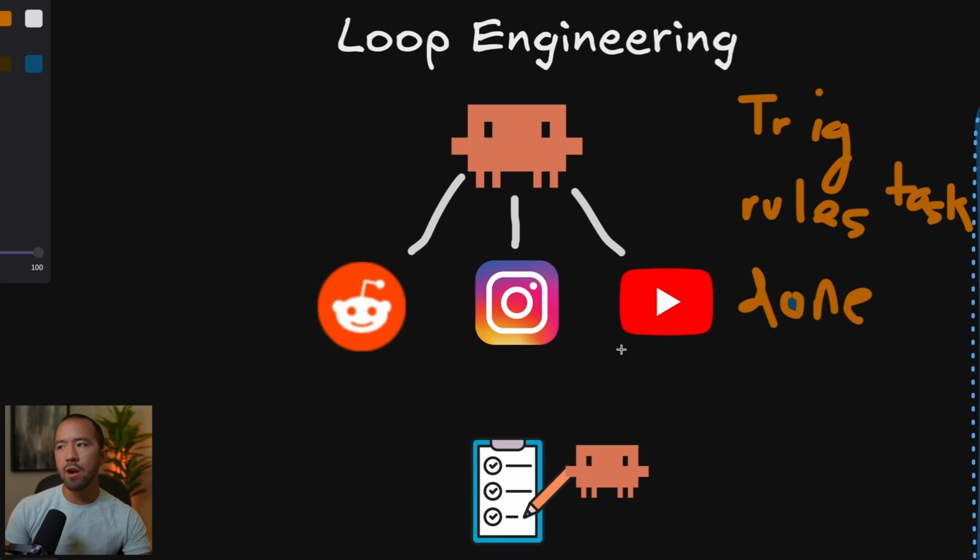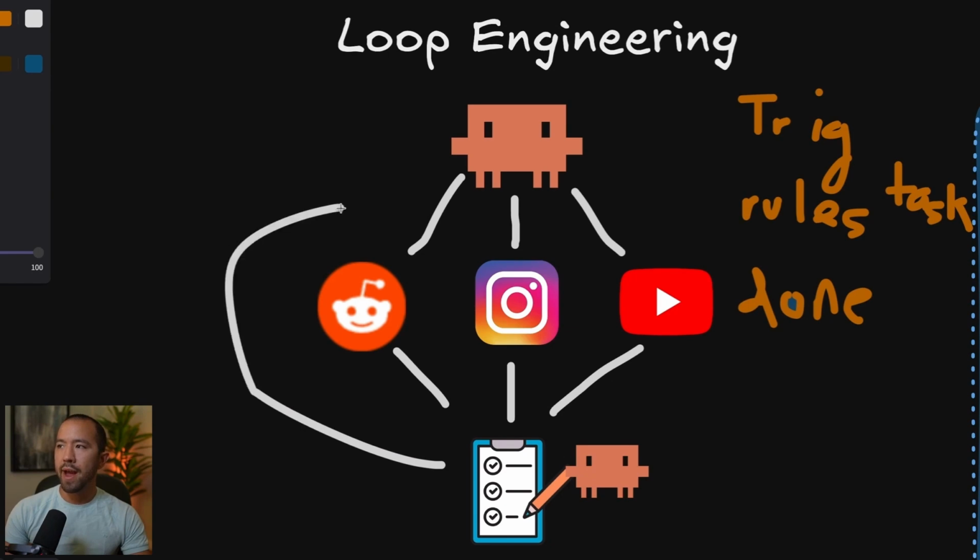Each of them has their own kind of unique quirks, right? But then I want to come back here and then check if this was all done. So do Reddit, check that it was done against my rules on the task, what done looks like. If it wasn't done, go ahead and start back over here and run the task again until it meets my standards of what good looks like.